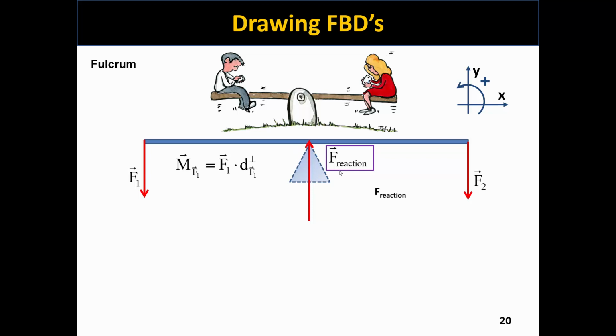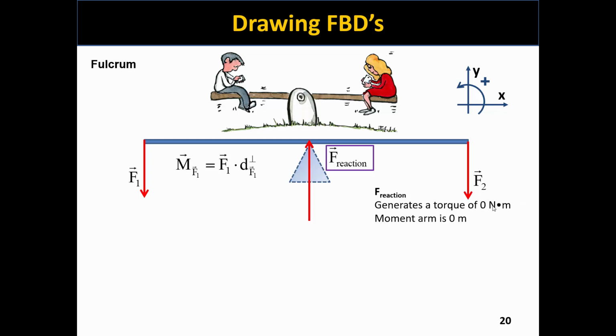Now let's talk a little bit about the reaction force. The reaction force does in fact have its own moment of force. So recall that every force, provided that the system has a point of rotation, will generate a moment of force due to this equation. So the reaction force does generate a moment of force, and that magnitude is 0 Newton meters.